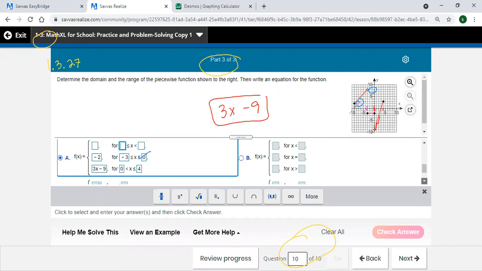So this is from -9 so that looks like -3. Remember, we're just looking at the x's there. And then what's the equation of that line?